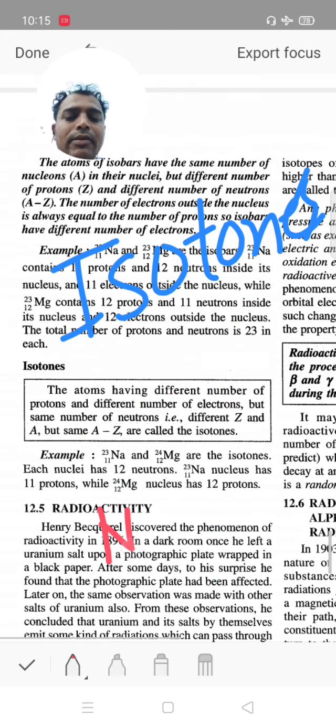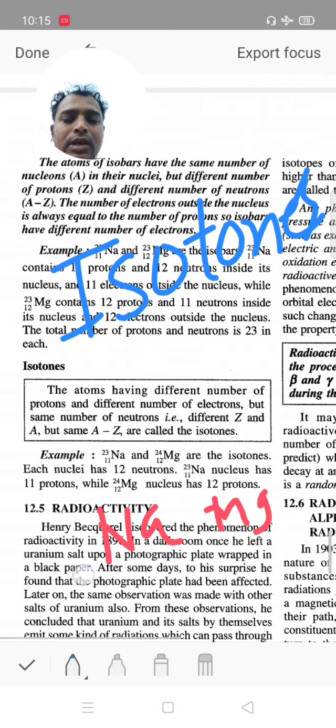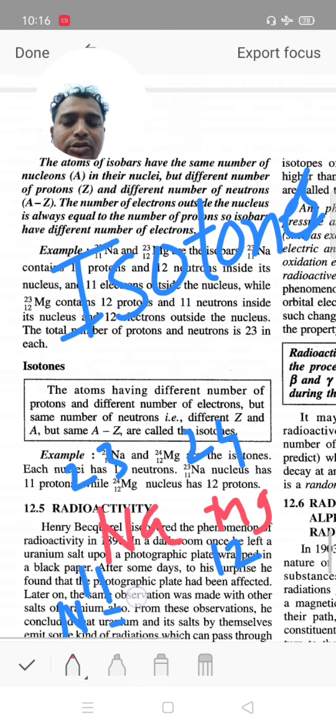Another example, sodium and magnesium. Sodium 11, 23 and magnesium 12, 24. So 23 minus 11 is equal to 12 neutrons, and magnesium 24 minus 12 is also 12 neutrons.